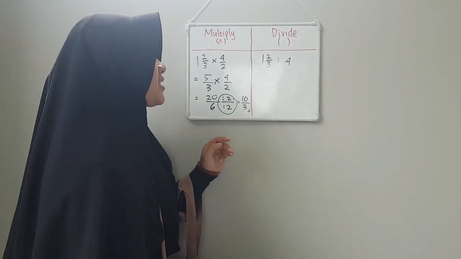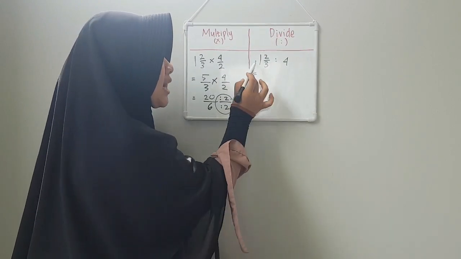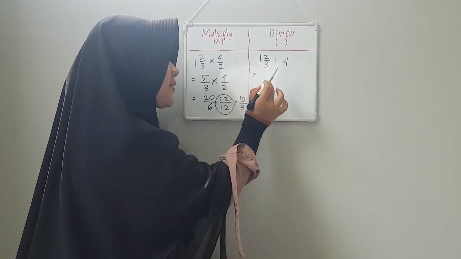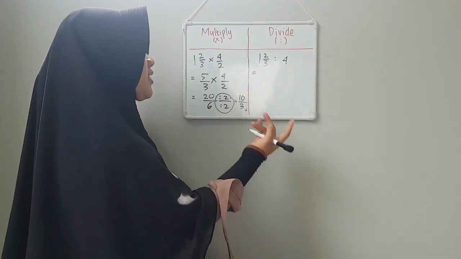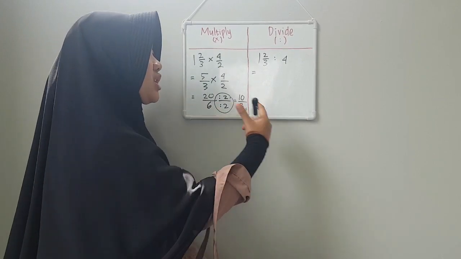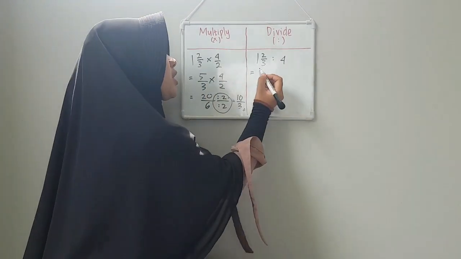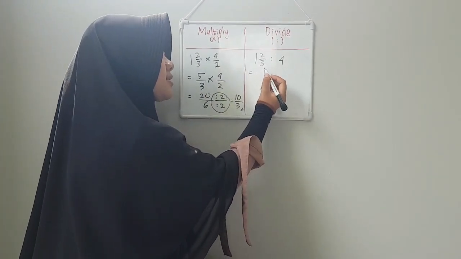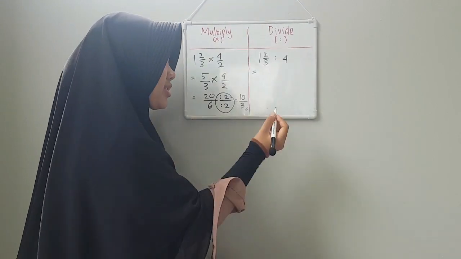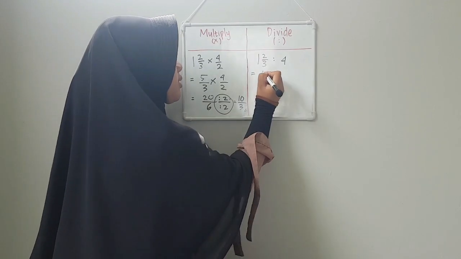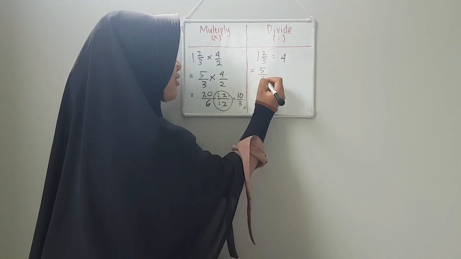And then the next is division. The question is 1 2 over 3 divided by 4. Same with this step, we have to change the mixed fraction into a simple fraction. This is 1 multiplied by 3 plus 2, we will get 5 over 3.